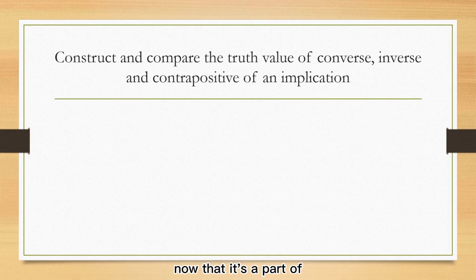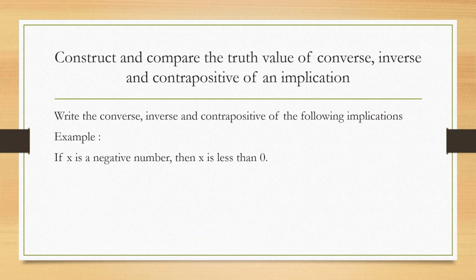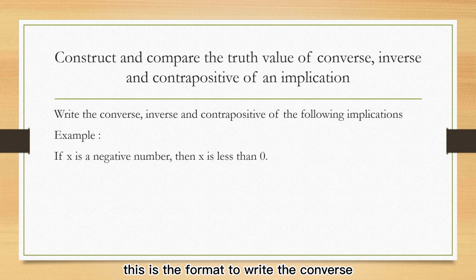Now that is a part of constructing and comparing the true value of the converse, inverse, and contrapositive of an implication. Before we go through the example, this is the format to write the converse, inverse, and contrapositive.